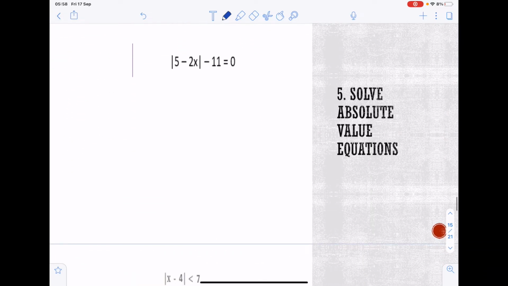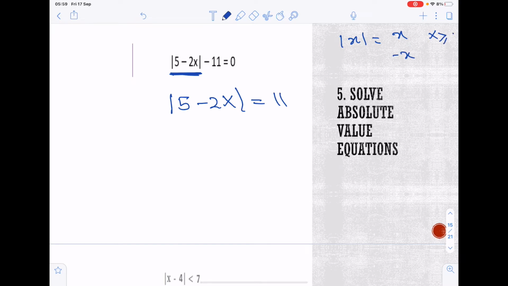Okay, solve the absolute value equations. If I have an absolute value like this one, the first step is to get the absolute value by itself on one side. So this is the absolute value of 5 minus 2x equals 11. The second step is that you know that the absolute value of x is either x or negative x: x when x is more than or equal to 0, and negative x when x is less than 0.